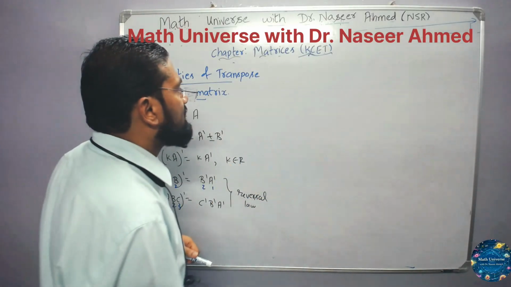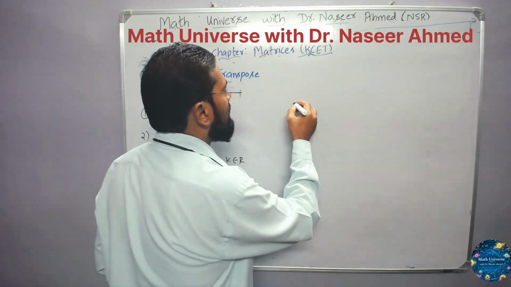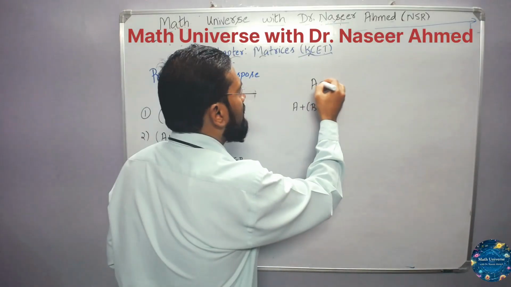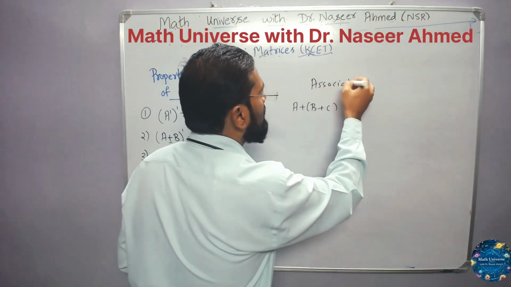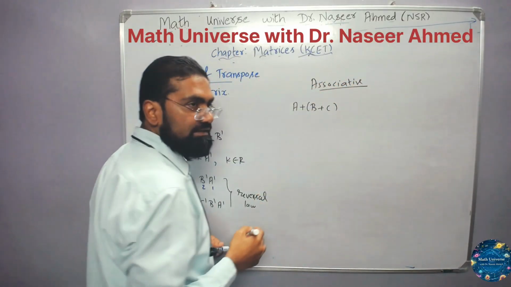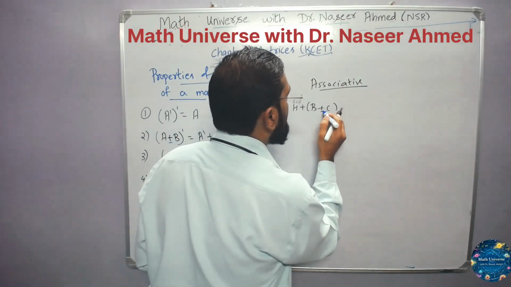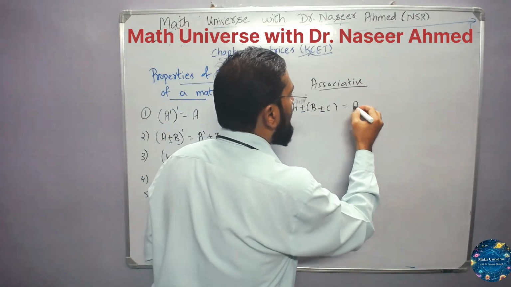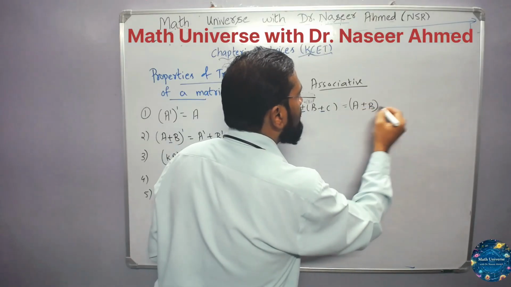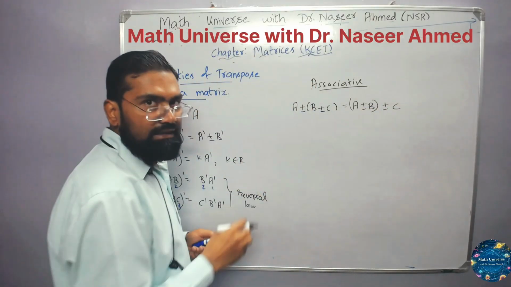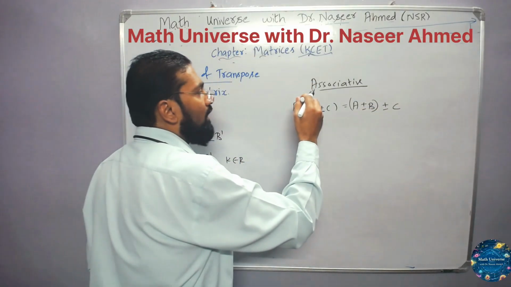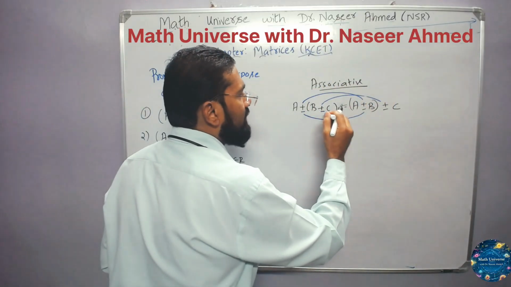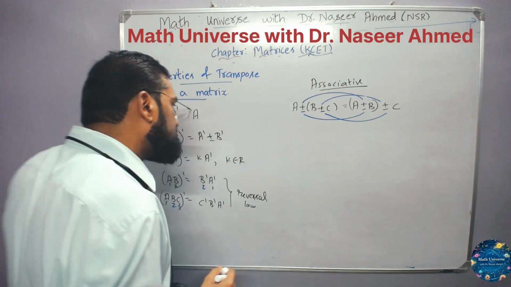Now, as I said for addition also, I'm talking about A plus B plus C, associative. When we are talking about the associative law for addition of matrices, even if I had negative signs here and here, it is going to be A plus or minus B, then plus or minus C. When I write them together, the meaning is the above sign with the above, the below sign with the below.